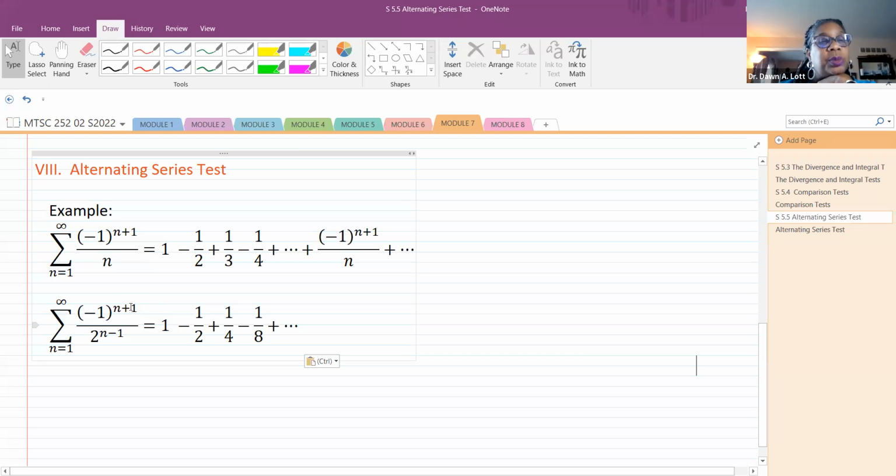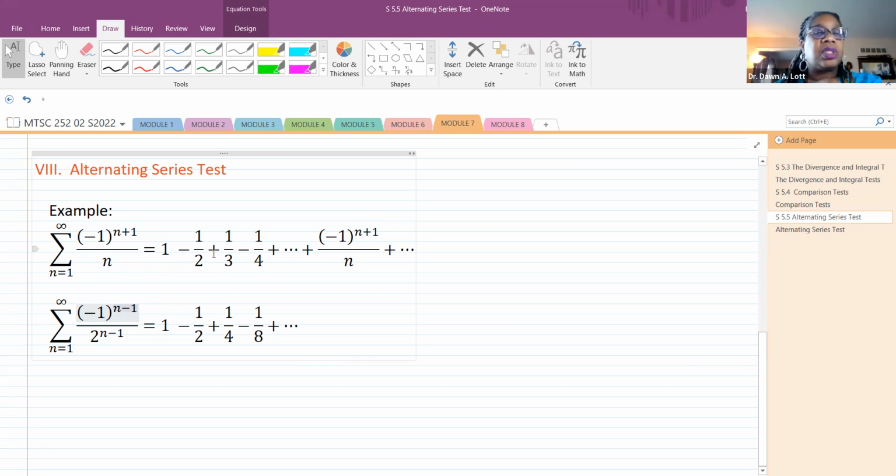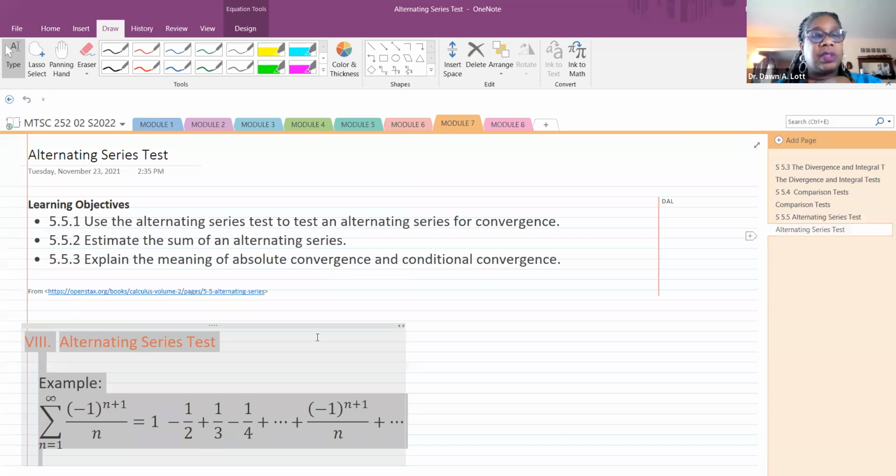Sometimes you will see -1 to the n plus 1, you will see -1 to the n minus 1, or you may even just see -1 to the n. As long as the terms of the series alternate back and forth from positive to negative, it is an alternating series. Okay, so here's the test.